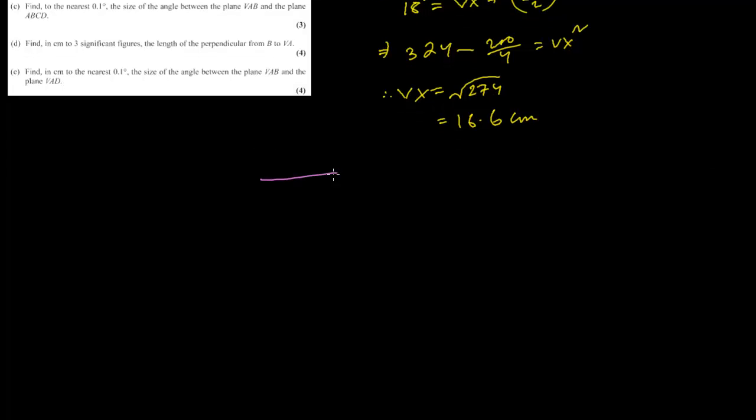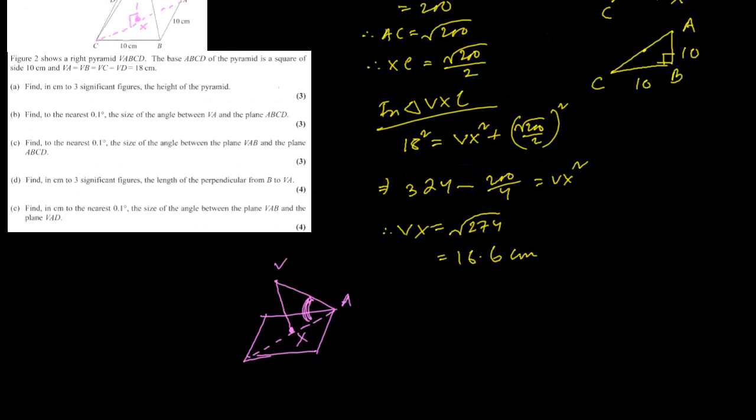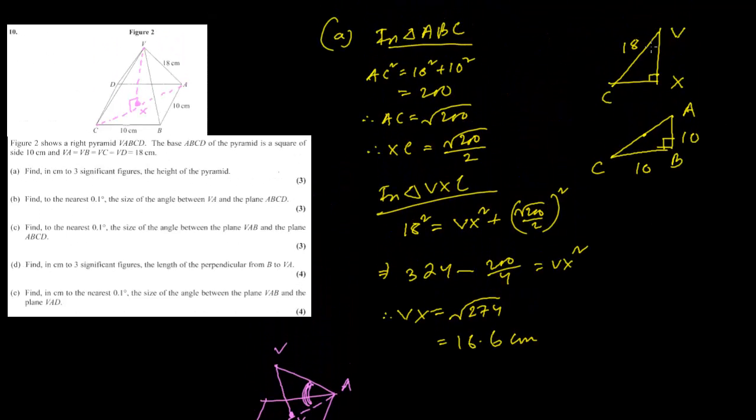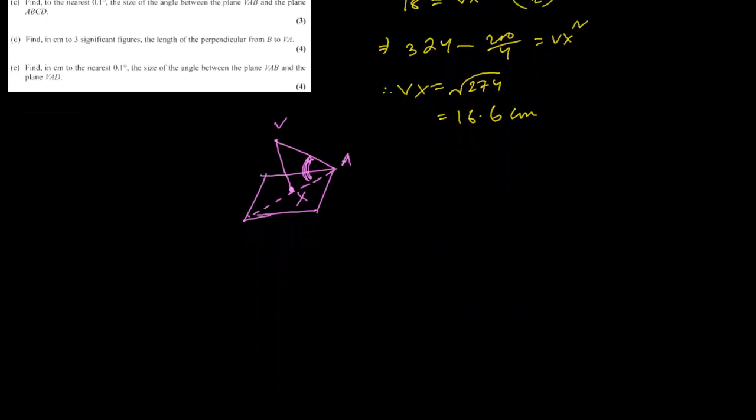So if this is the base and this is the angle, this is VA, we just need this diagonal over here, and this is the angle we're looking for. We already found the height VX. So the triangle is going to be VAX. We can use the same triangle here, or a different triangle, because this C over here and that A over there are going to be the same, so it doesn't really matter.